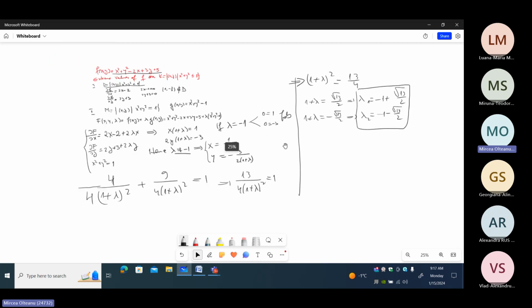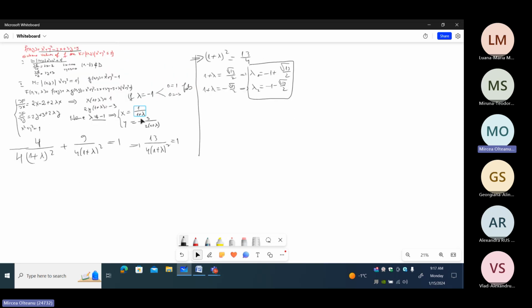Okay, and now for each of them, we shall find x and y. So for lambda 1 equals minus 1 plus root of 13 over 2, x and y are given by this formula with respect to lambda. So x1 will be, in this case, 1 plus lambda is root of 13 over 2, so x1 will be 2 over root of 13.